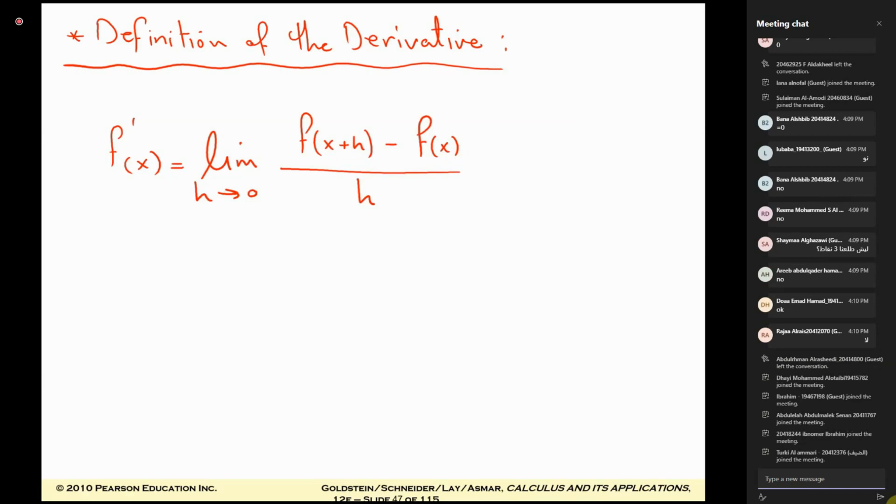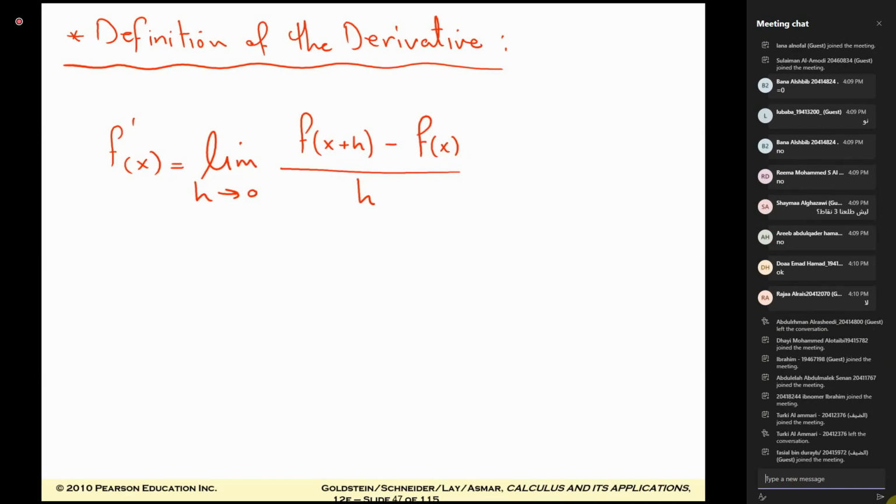This is the law of the definition of a derivative. How can we find the first derivative using this definition?